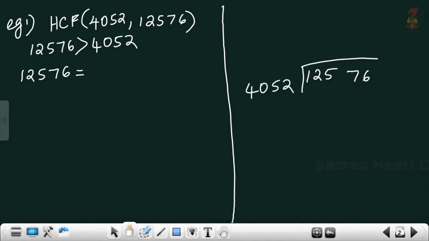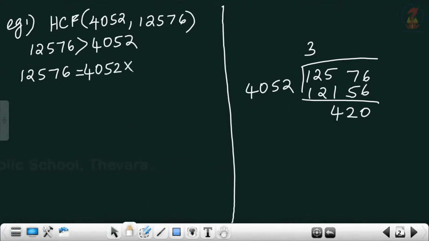How many times is it? 3 times. So it is 12,156 and the balance is 420. So we can write this as 4,052 into 3 plus 420.